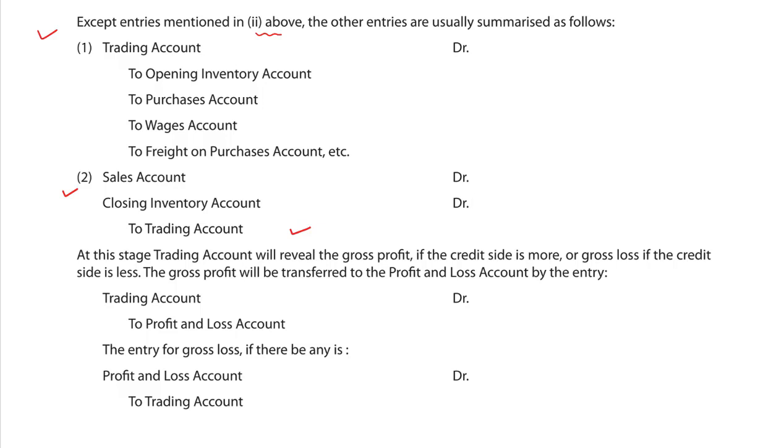At this stage, trading account will reveal the gross profit if the credit side is more, and gross loss if the credit side is less. The gross profit will be transferred to profit and loss account by the entry trading account to profit and loss account. The entry for gross loss, if there be any, is profit and loss account to trading account.